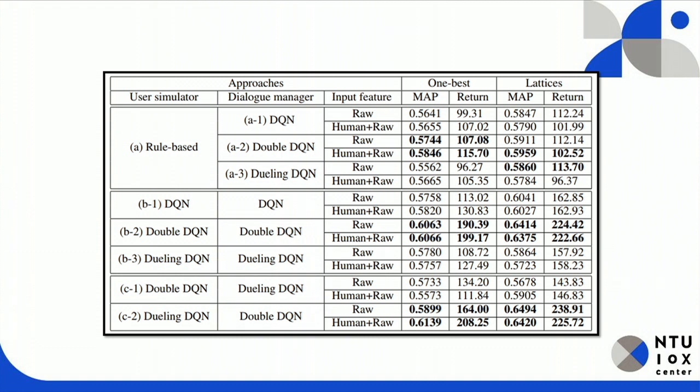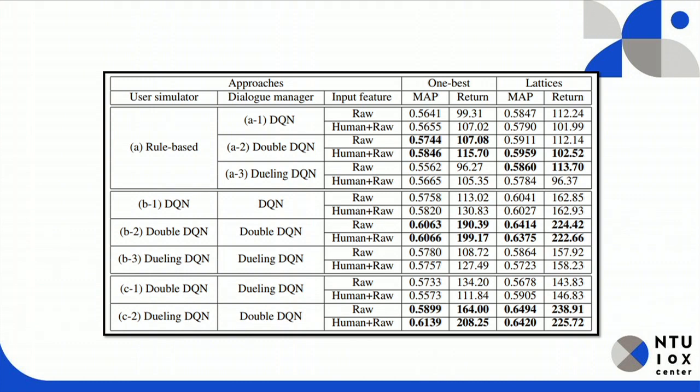I think probably last year I had to present some results based on the rule-based simulator, and fortunately no one asked about that. Then in the upper part, this is the result using the simulated user. Part A is the result based on the rule-based simulated user. And on the right-hand side, you can see some return. The larger the value, the better the performance.